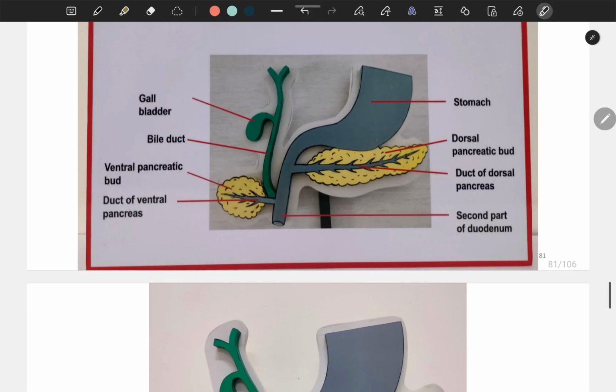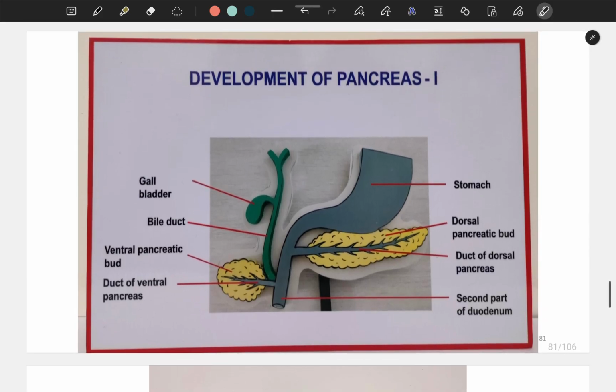Okay, and at the starting, here ventral pancreatic bud will be formed.